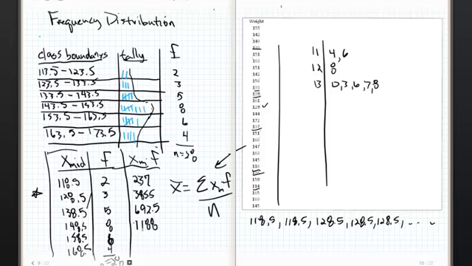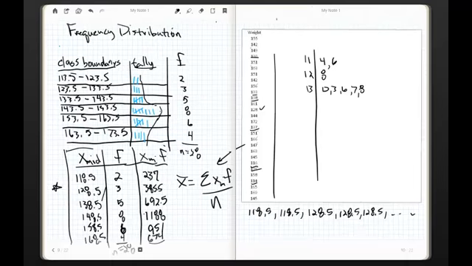And then 6 times 158.5 is going to be 951. And then 4 times 168.5 is going to equal 674. And I'm running out of room here at the bottom.